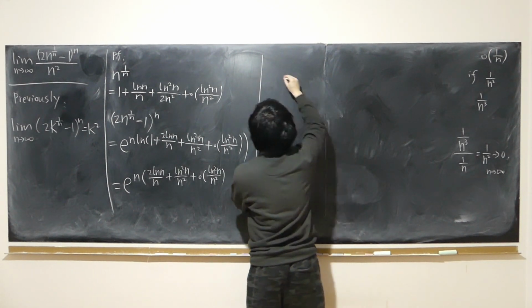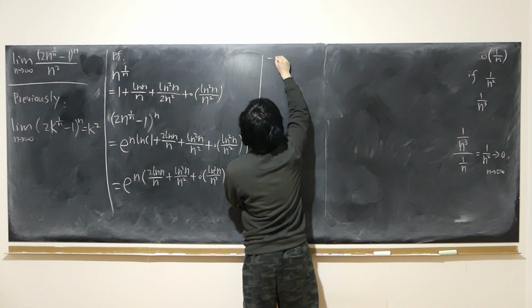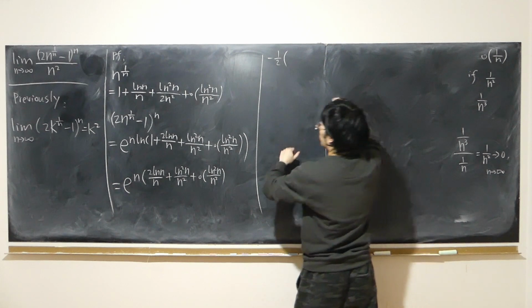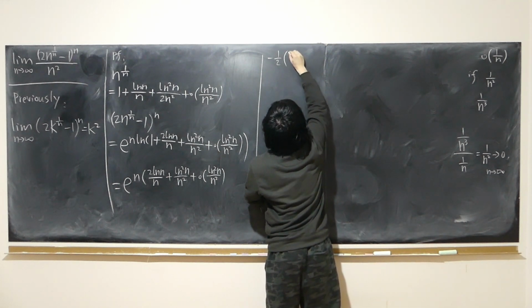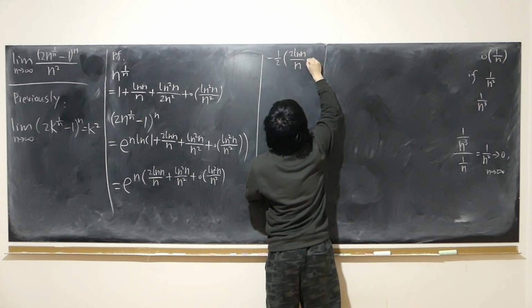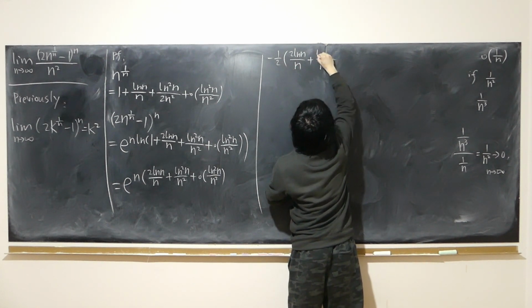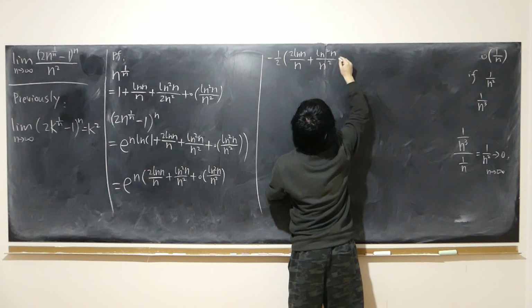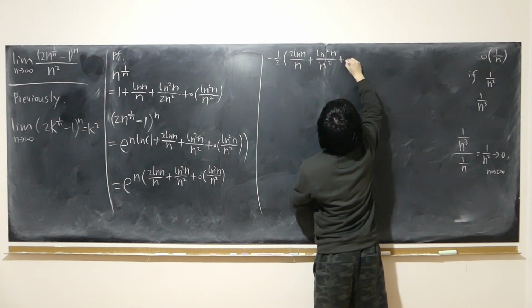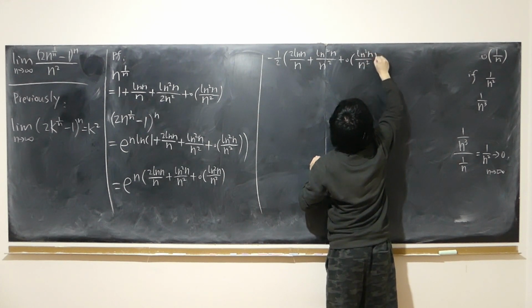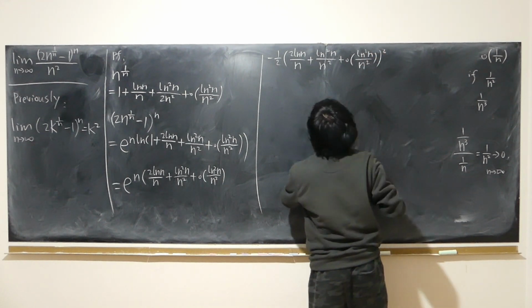Like I said, minus half of the whole thing square: twice of log n plus n squared log squared n plus little o of n squared log squared, and whole thing squared, right?